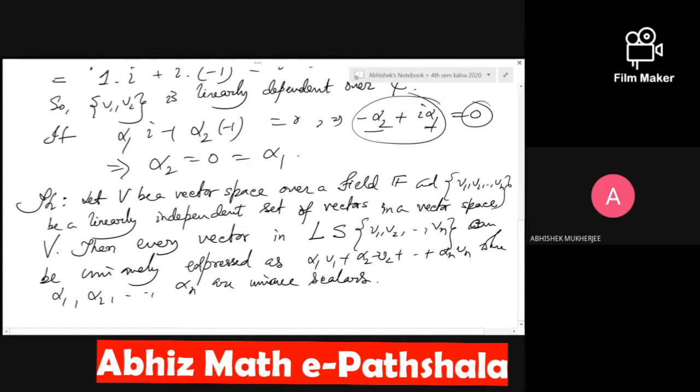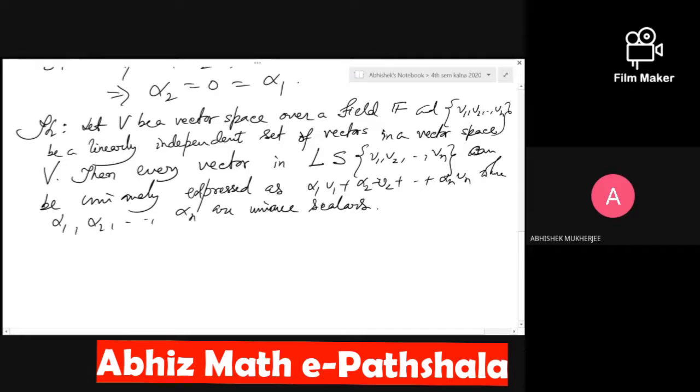Now one may say that any vector in the linear span of this set v1, v2, vn, by definition can be expressed as a linear combination of the vectors v1, v2, vn. So there is nothing new in it. But whenever you are considering a linearly independent set of vectors, then this representation is unique.